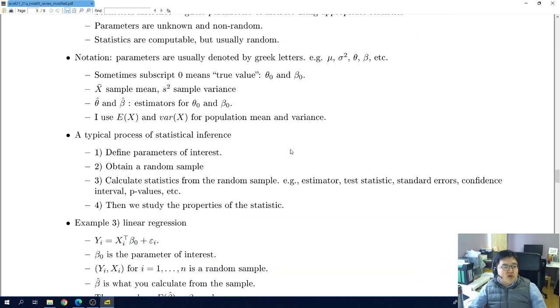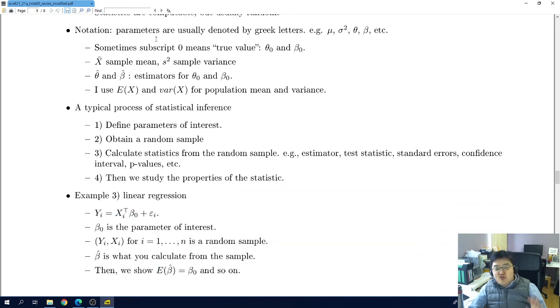So then, typical notations. In many cases, parameters are usually denoted by Greek letters, like alpha, beta, gamma, delta, epsilon. So mu, sigma squared, theta, beta are typically used for parameters. The exception is epsilon here. Epsilon is a Greek letter, but it is not a parameter.